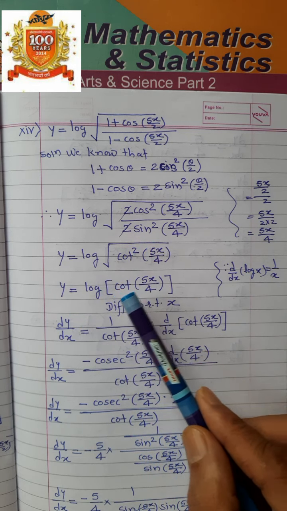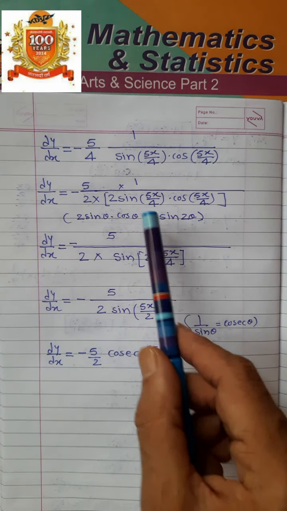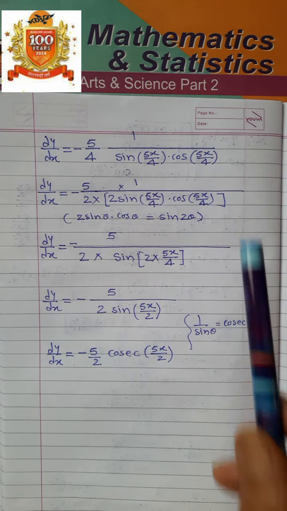Now, we split 4 as 2 into 2. Therefore, dy by dx is equal to minus 5 by 2 into 1 upon 2 sin 5x upon 4 into cos of 5x upon 4. Now we know the formula: 2 sin theta into cos theta is equal to sin 2 theta. We apply the formula here.